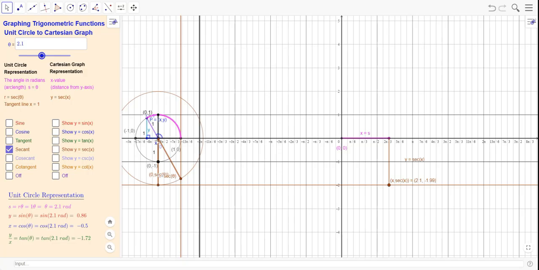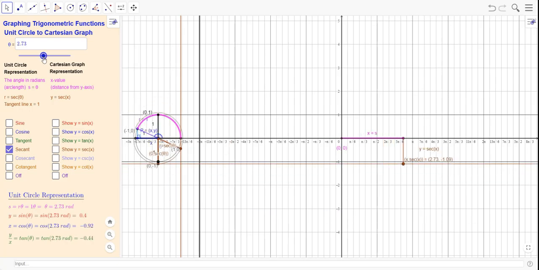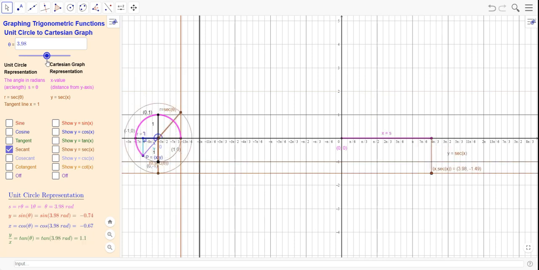So we need the y to be negative here. So we want to rotate this hypotenuse down vertically so that we get a y value that is negative for the secant there. So in the second quadrant, we get negative values of secant, which is below the x-axis over here in our Cartesian graph.